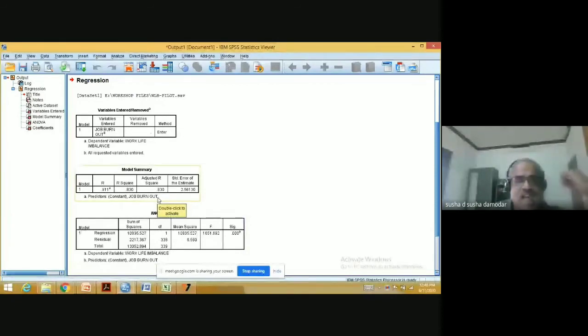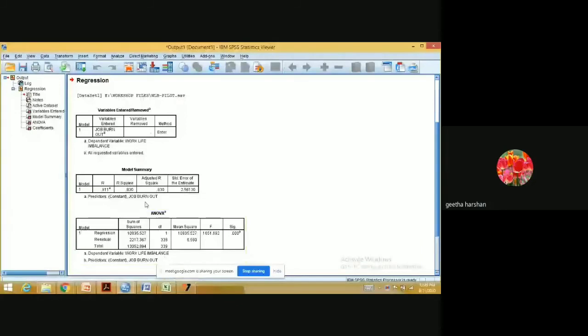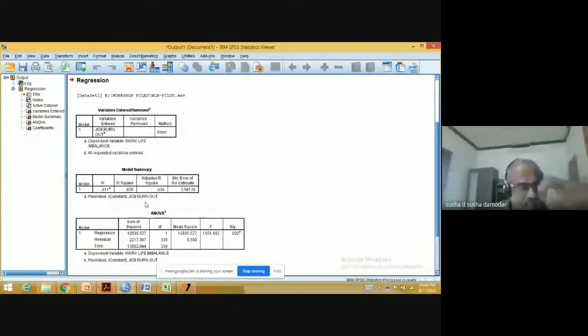What we will measure? How far the job burnout affects work-life imbalance, or how far the work-life imbalance is affected by job burnout. And that interval to interval relation can be tested with the regression, simple regression.